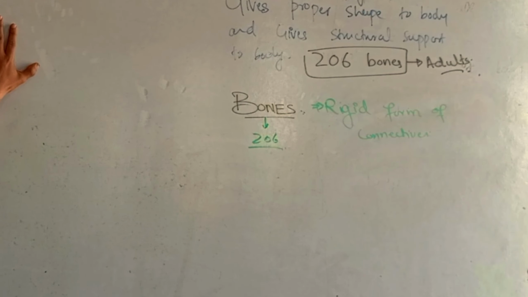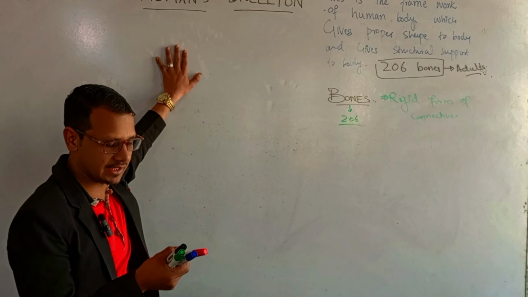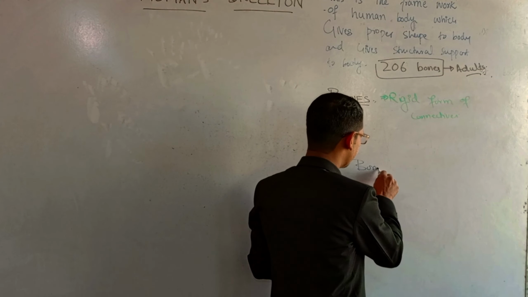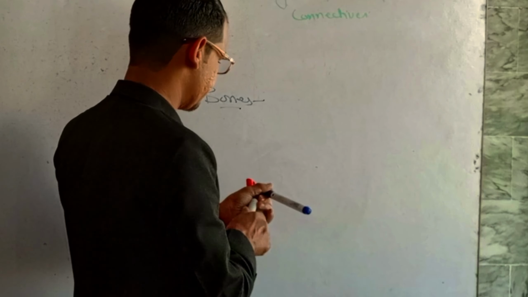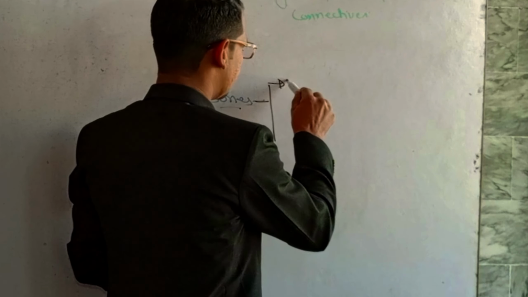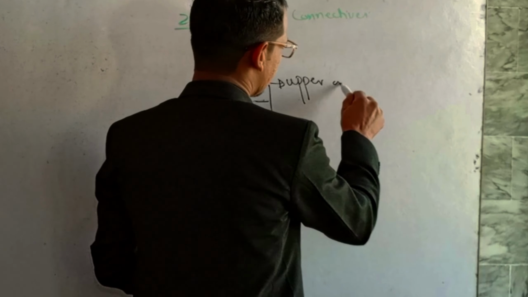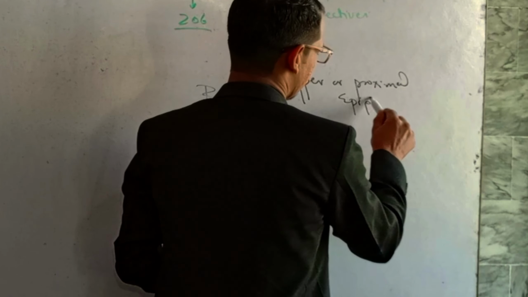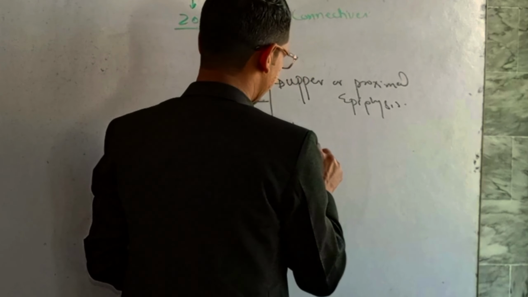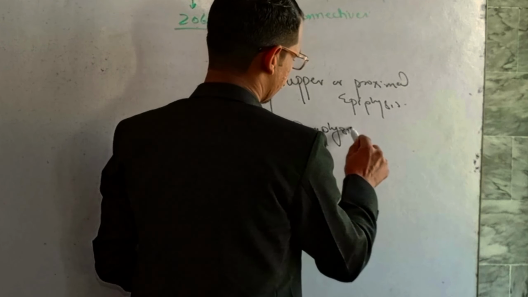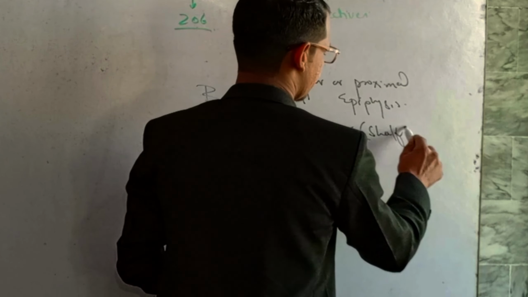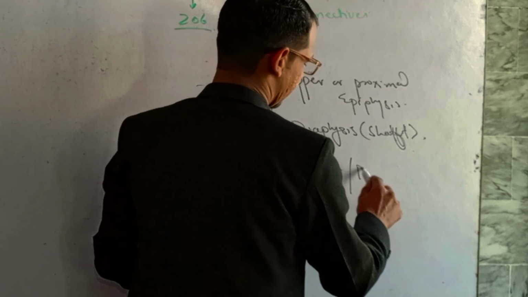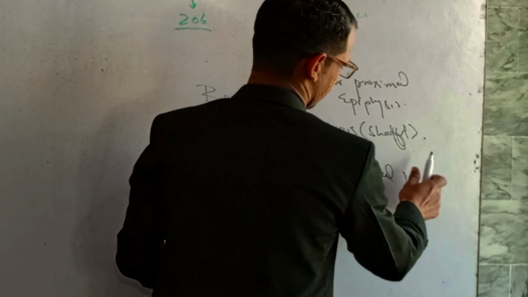Every long bone or every regular bone must have 3 parts: the upper or proximal epiphysis, the diaphysis, also known as the shaft, and the lower or distal epiphysis.